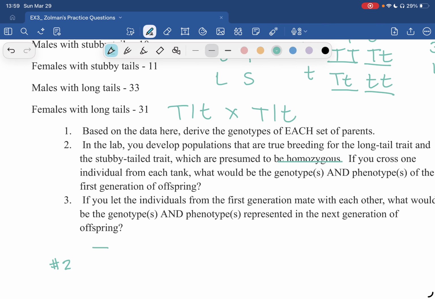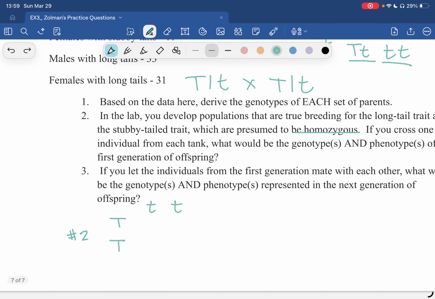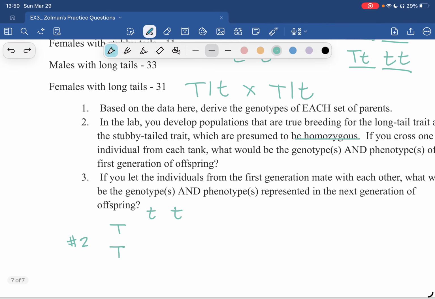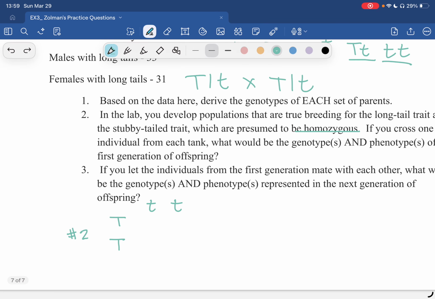So that means you would cross a stubby tail, which would be right here, and then your long-tailed trait would be represented by the 2 capital T's because they're both homozygous, the same allele, same letter. So if you crossed a homozygous dominant times a homozygous recessive, this is when you would get all heterozygous individuals. So big T, little t across the board.